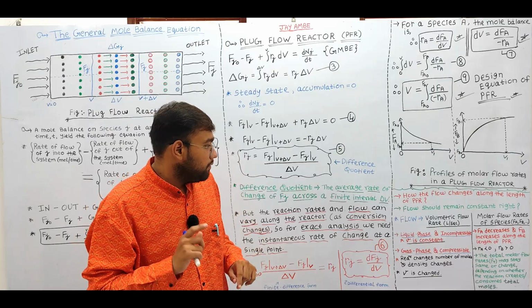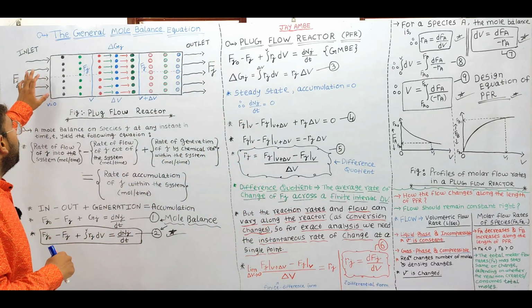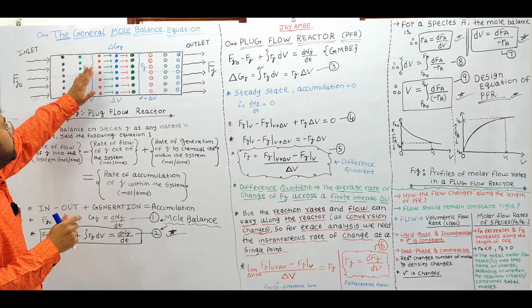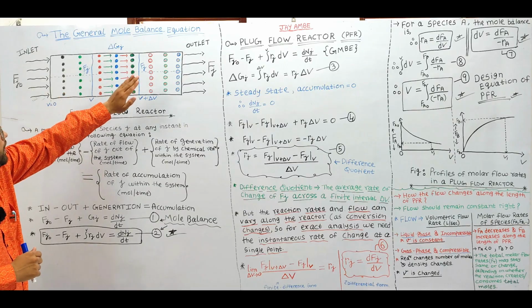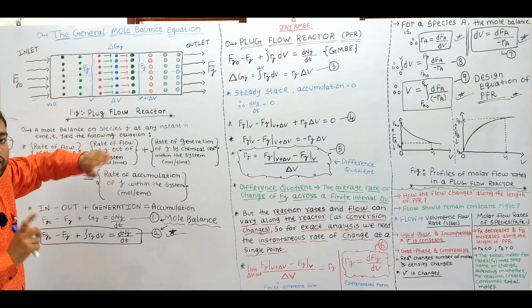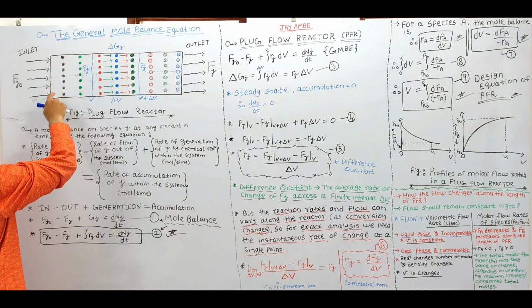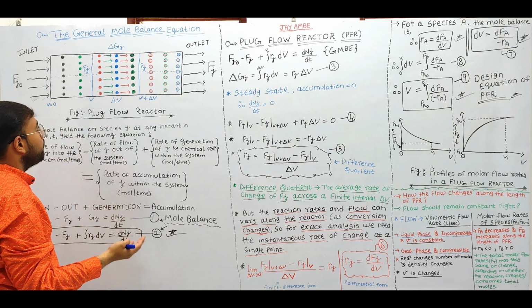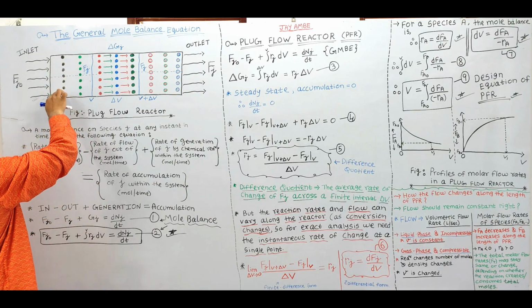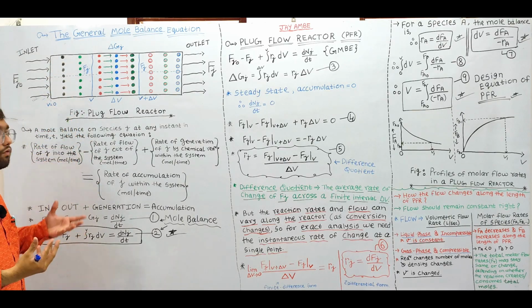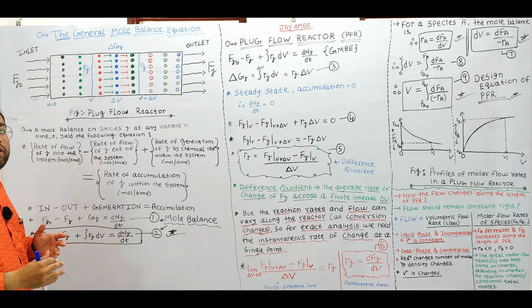So with the progress of the reaction, what will happen? The moles of reactants will get consumed. Let's say we have the reactants flowing through the entire length and volume of the reactor. With the progress of the time, with the progress of the reaction, the moles of reactants will get consumed, will disappear from the reaction environment, and will get converted into the new products.